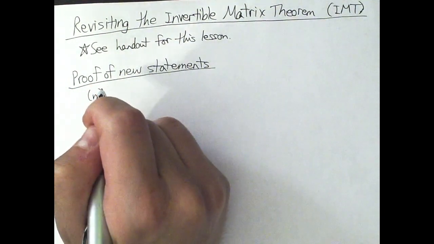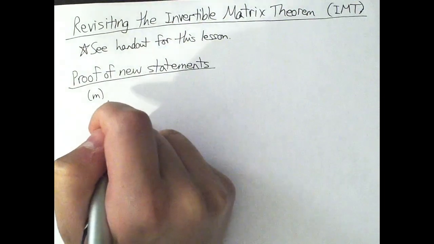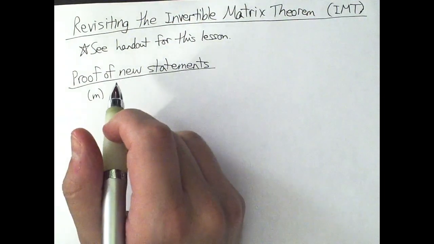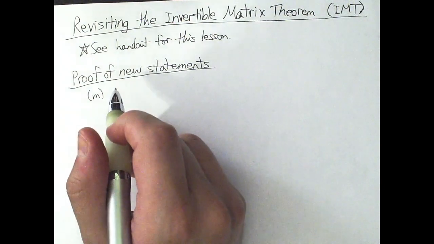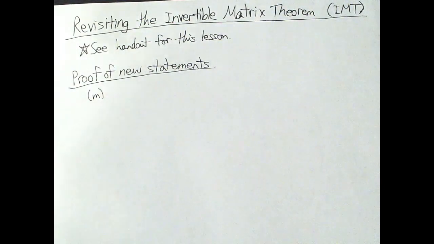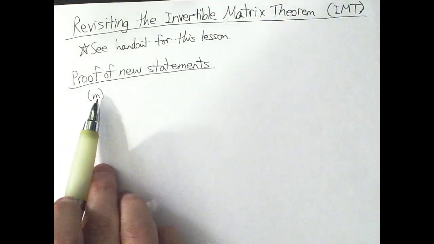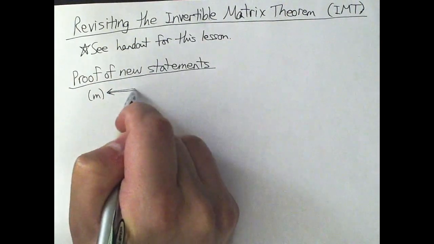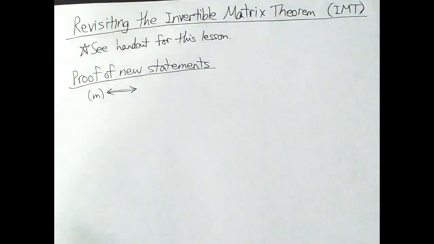statement M. The columns of A form a basis of Rn. Looking through statements A through L, do you see one that we could tie this in with? There might be more than one correct answer to this.